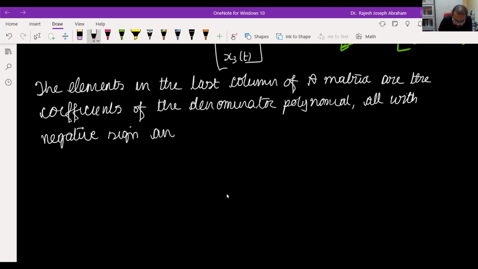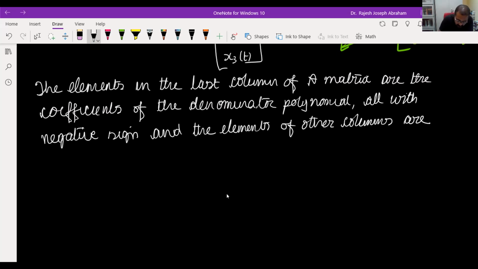And the elements of other columns are either 0 or 1.